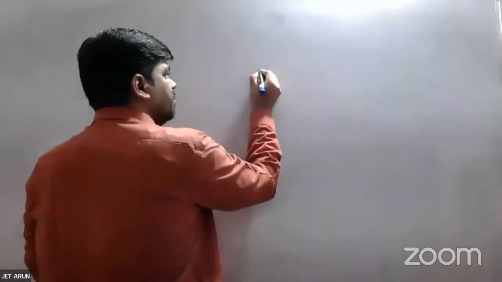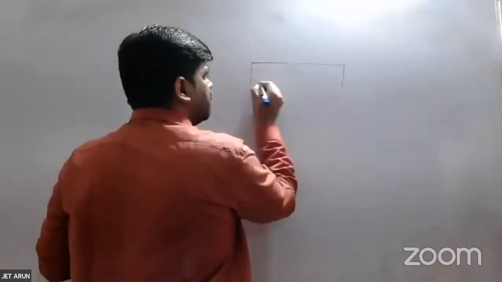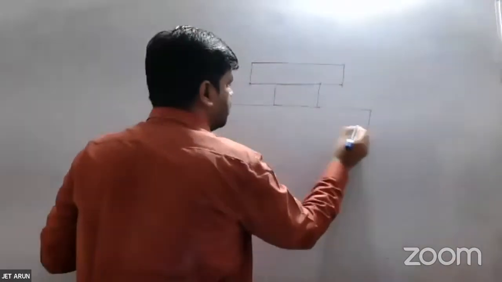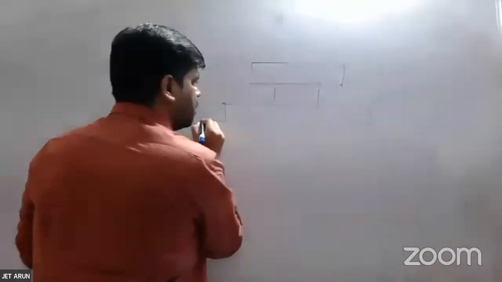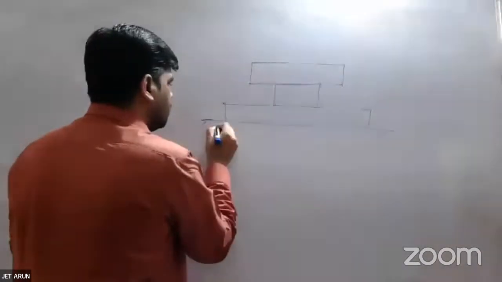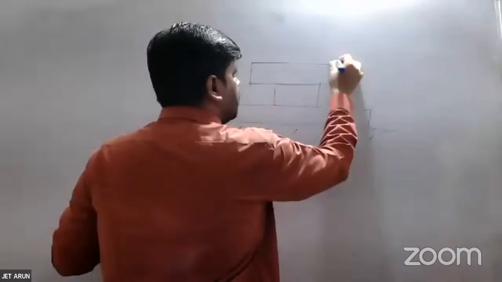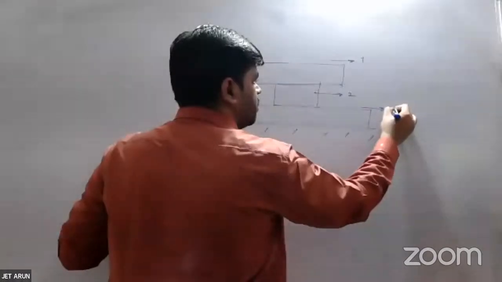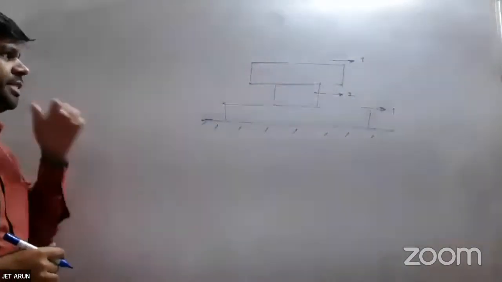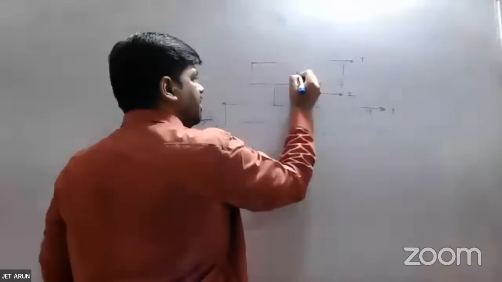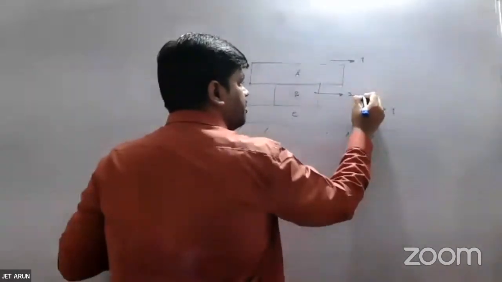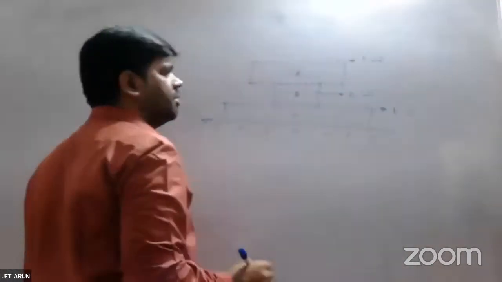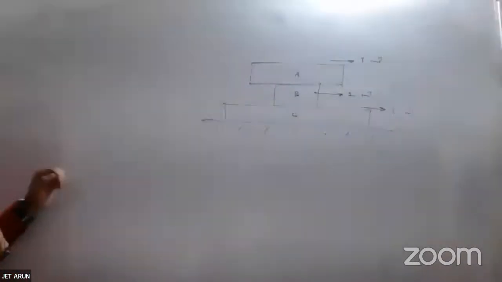So I'll give you a scenario. One meter per second, 2 meters per second, and 3 meters per second for A, B, and C. I will decide the direction of friction on A, B, and C.